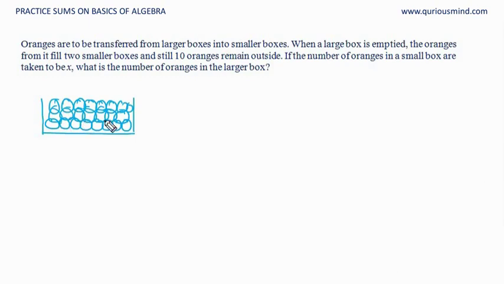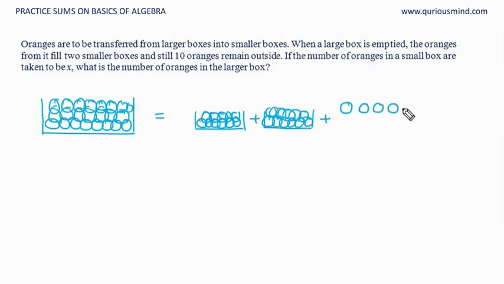Now when this is emptied, 2 small boxes are filled. This is 1 plus this is 1 plus there are 10 more oranges still remaining, which we couldn't fill in any of the boxes.